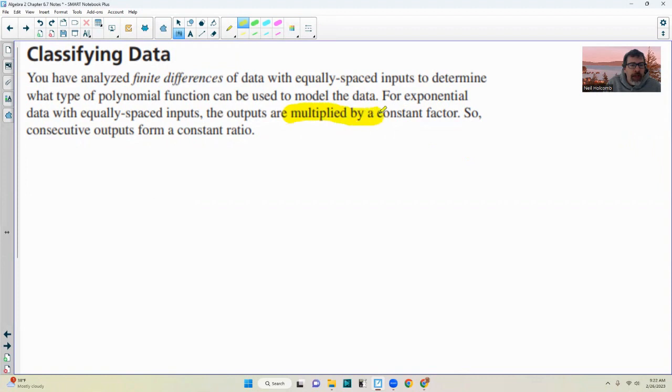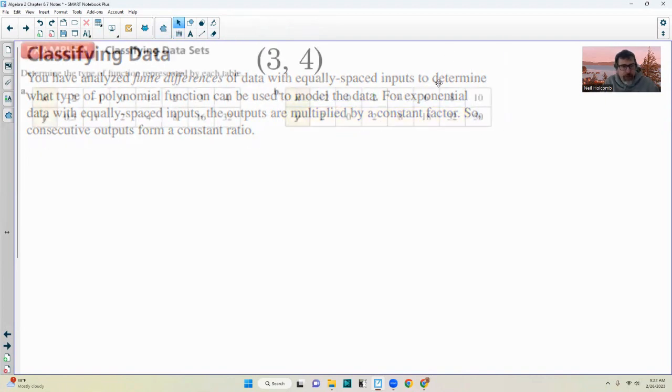Linear and quadratic have a common difference, adding a certain amount each time. In exponential, equally spaced outputs are multiplied by a constant factor. So consecutive outputs form a constant ratio, not a constant difference. Okay, so that is how we're going to do these. So we have to look at common differences and see if it's a ratio.